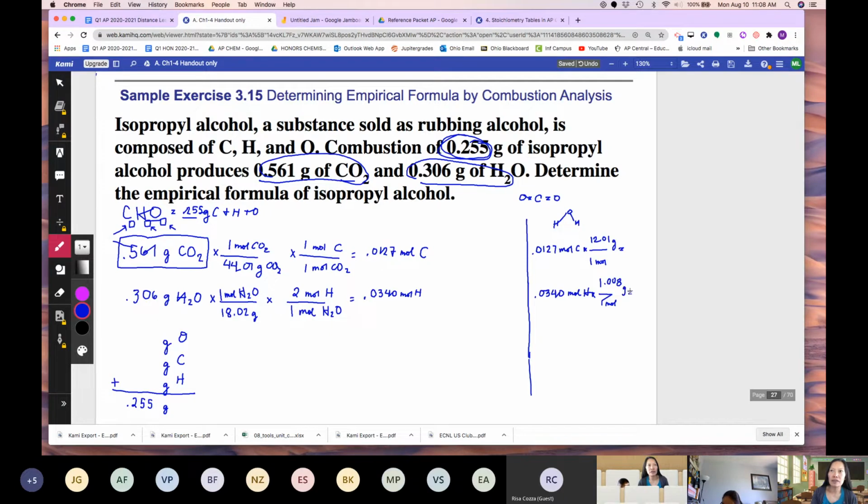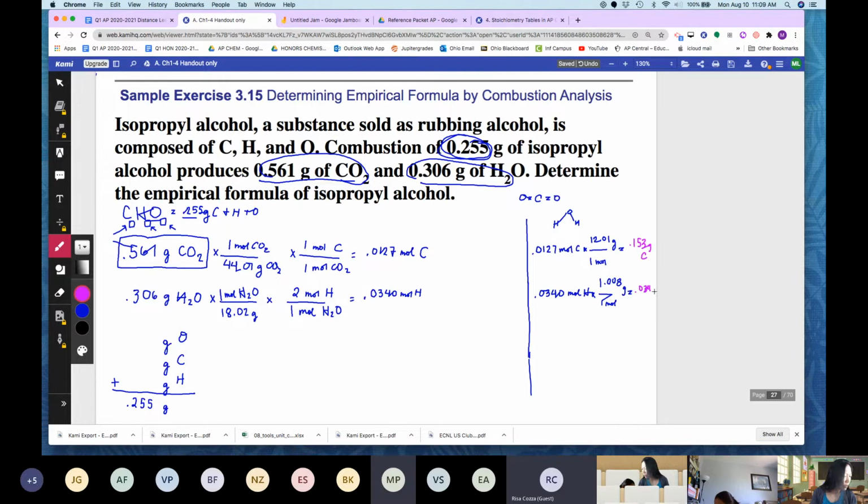Okie dokie. So how many grams of C did you get? 0.153 grams carbon. And the other one? 0.0343 grams hydrogen.